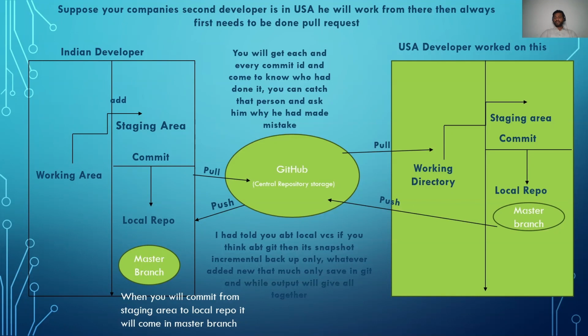And from the master branch, if the Indian developer comes the next day morning, then first of all he will pull the code to his local repo, right? Like this, the whole cycle goes on always, and Git is working like this.